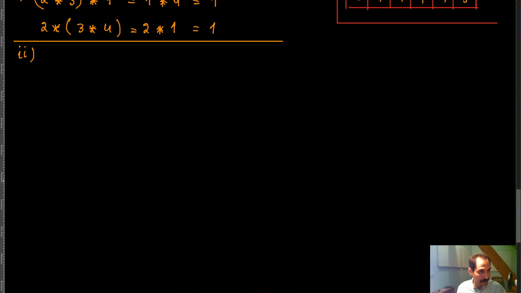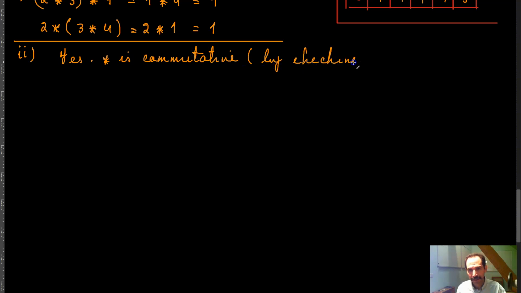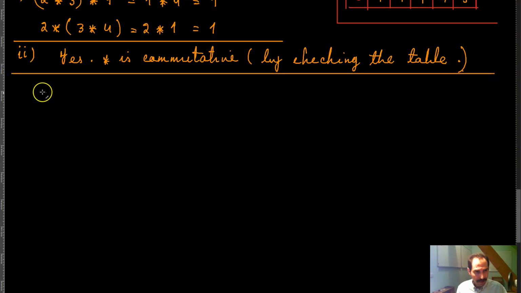So we can say that yes, star is commutative, by checking the table, right? Now part 3 of this question.